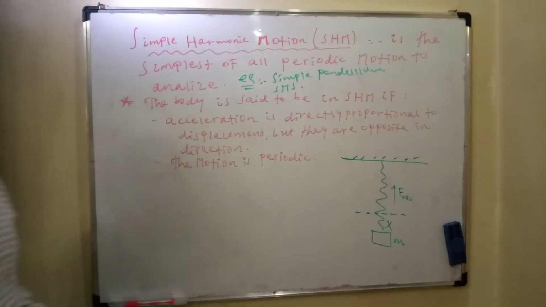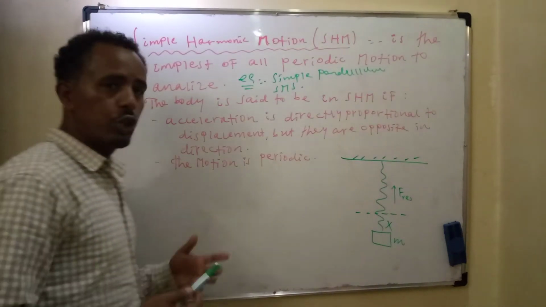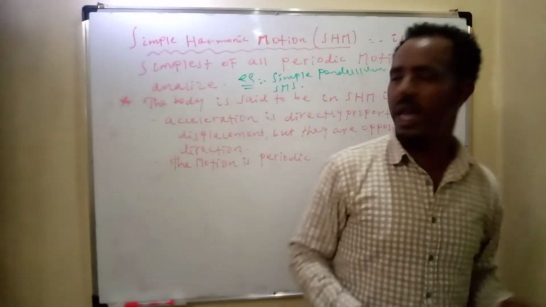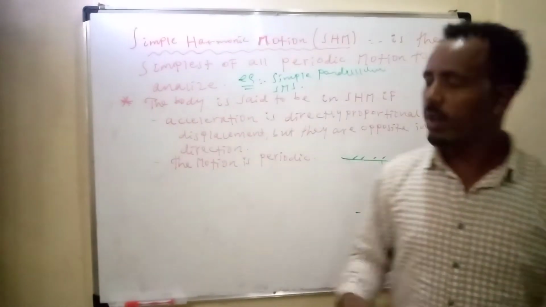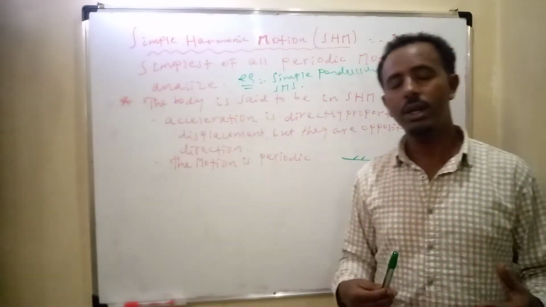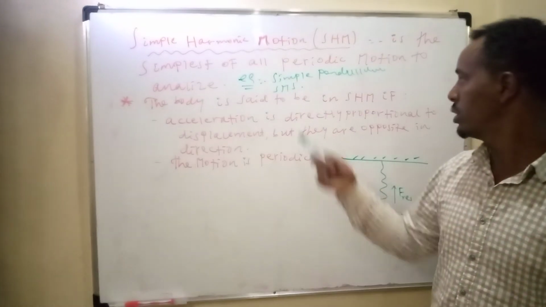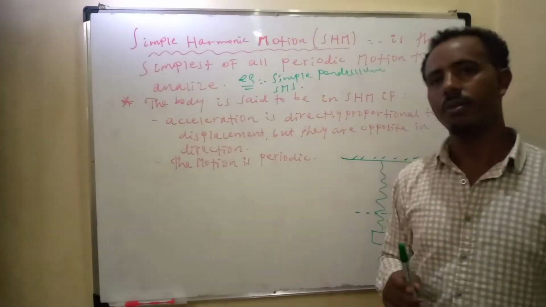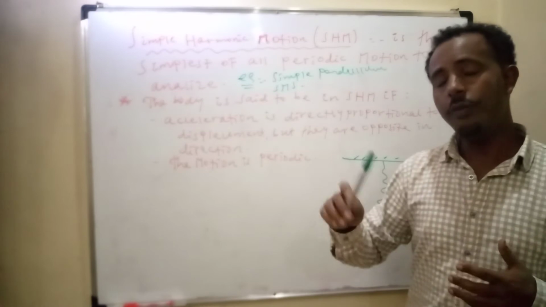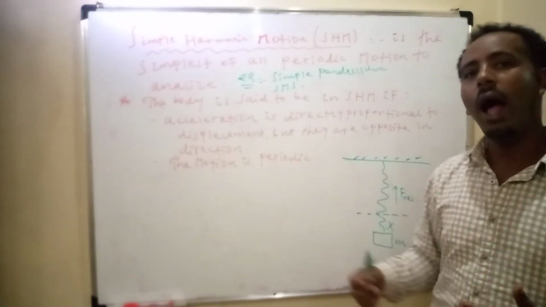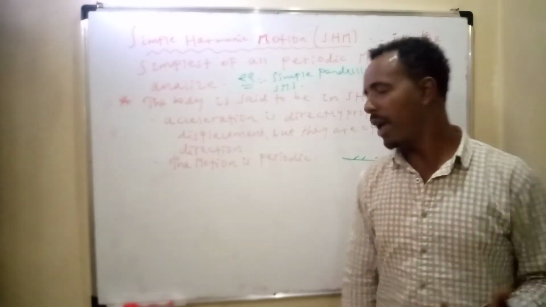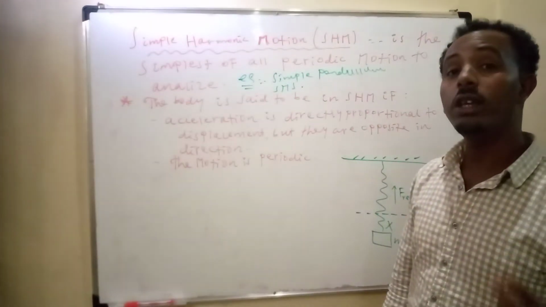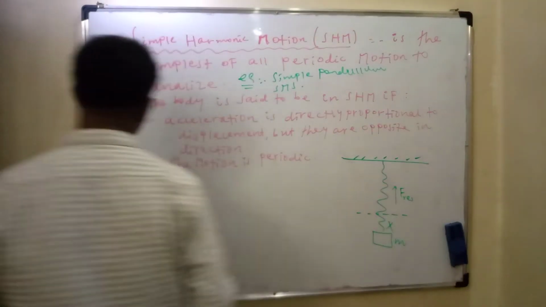A body is said to be under simple harmonic motion if it is periodic. Periodic means that if the motion repeats itself at a regular interval of time, the type of motion is said to be periodic.